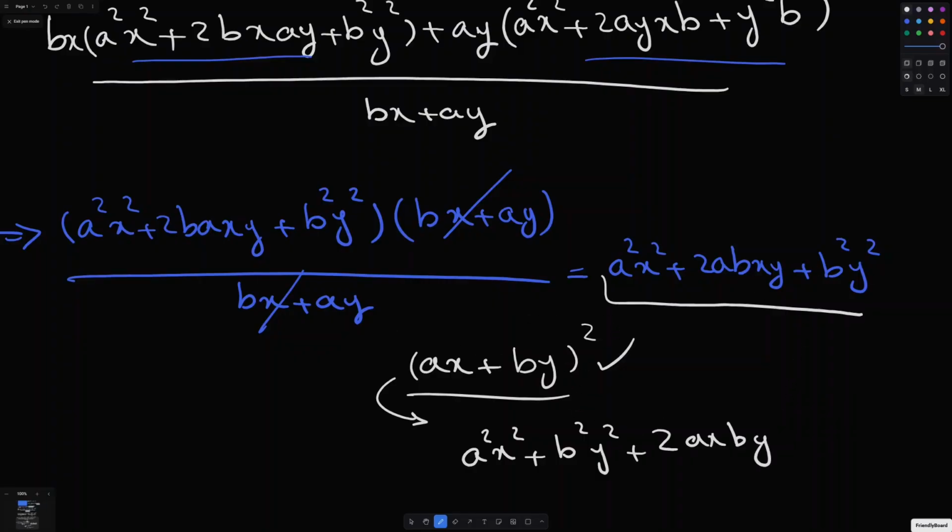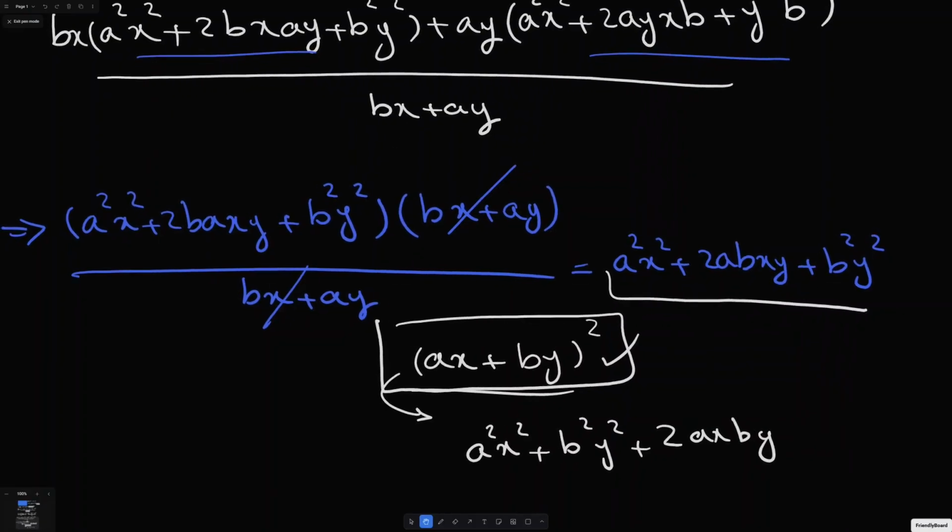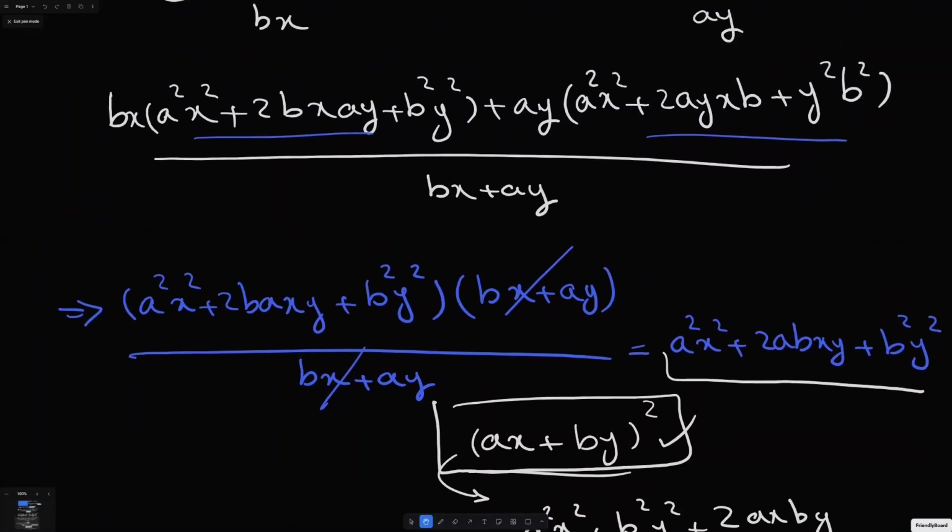So this is the solution, rx plus by to the power of 2. As you can see, it is a simple problem really, but you still have to be good in algebra to solve it. You need to know how to multiply, how to do the grouping and how to do the factorization. So this is the whole concept here.